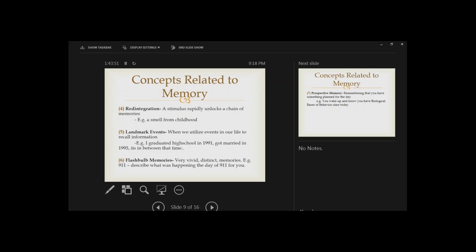Let's see, I graduated with my master's in this year, but it wasn't that. It was before my doctorate in this year, so it was somewhere between that. Oh, yeah, that's right. You're using events to recall information as landmarks.